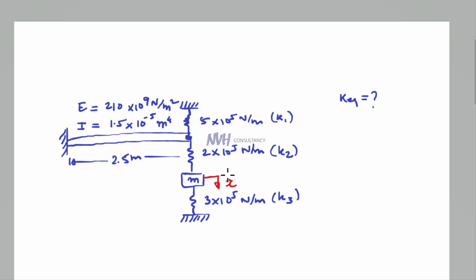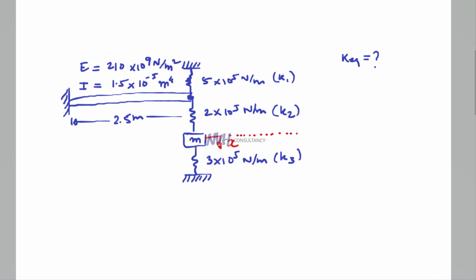So the deflection on the top of the mass, let's call it delta 1, and the deflection at the bottom, delta 2, these two are the same.